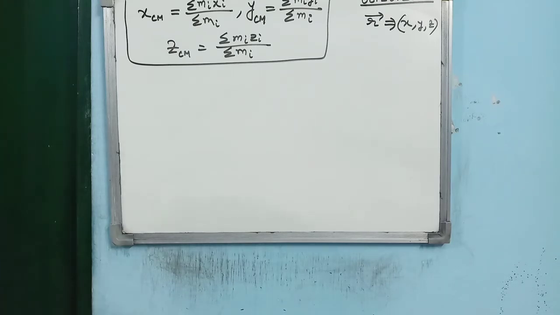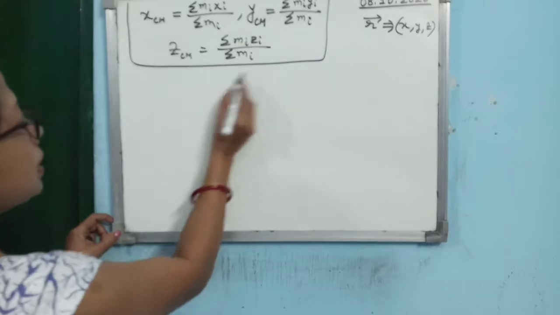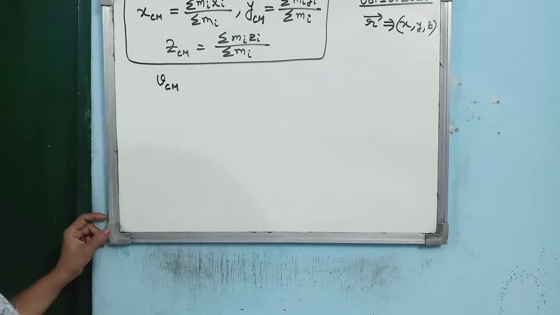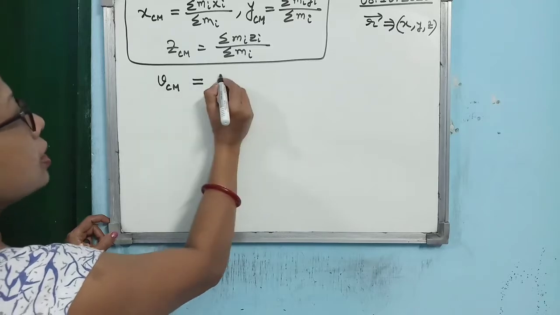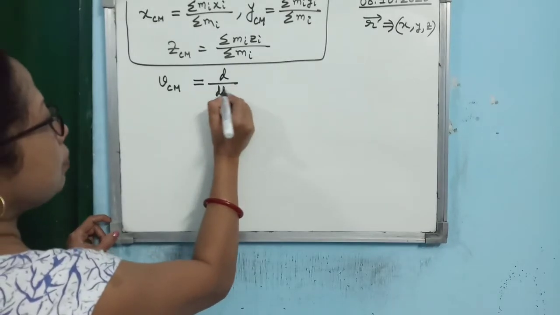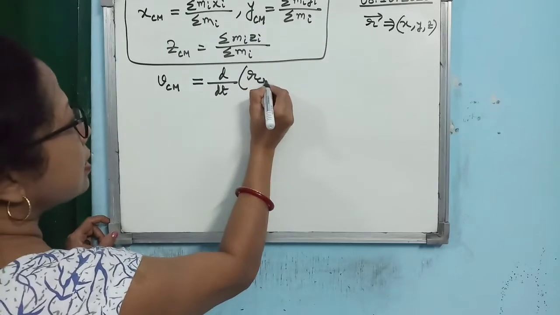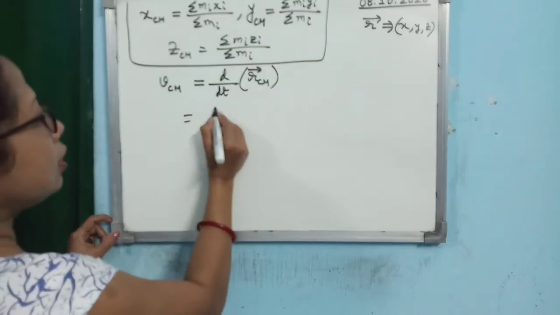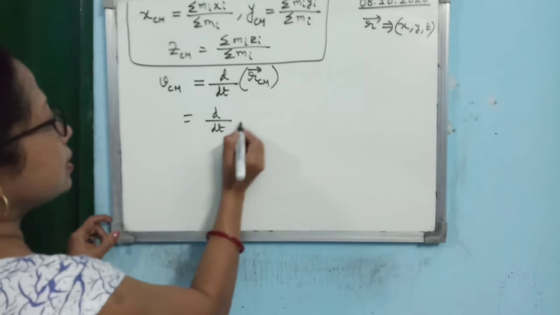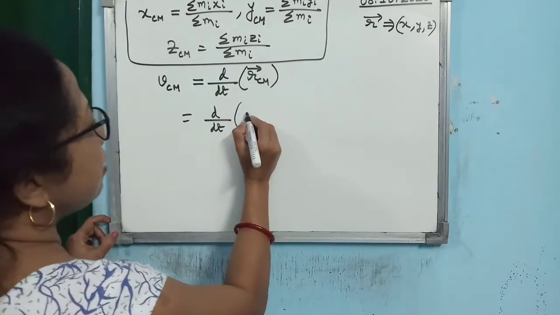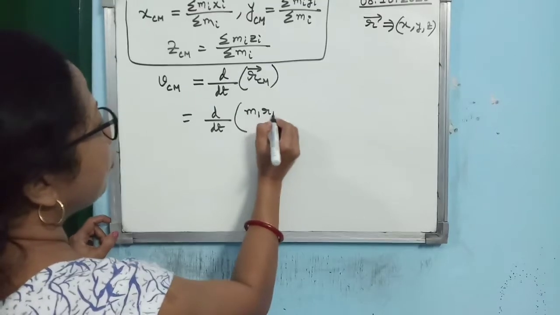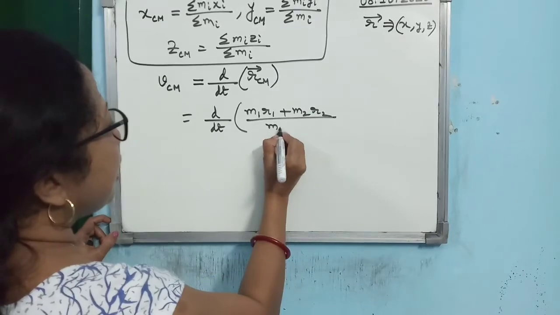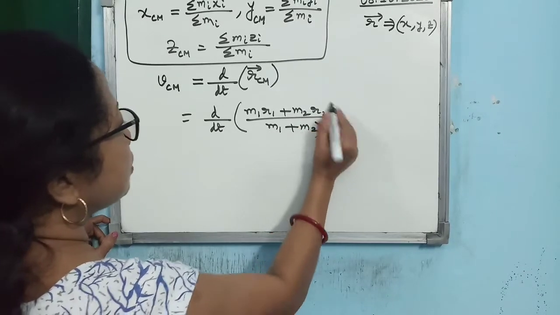Now if you consider this as the position vector, what will be the velocity of the center of mass? Velocity of the center of mass will be d by dt of RCM. So d by dt of RCM means d by dt of M1 R1 plus M2 R2 divided by M1 plus M2.